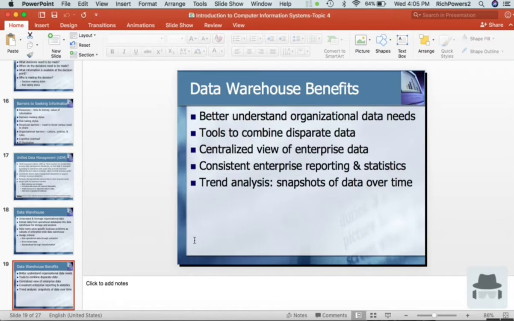Enterprise application systems are good at doing execution and operation, but not necessarily good for doing analytics. So you'd be able to go back and do trend analysis and snapshots of data and get a perspective on how different things are happening, maybe behind the scenes, as opposed to a relational, operational system which is focused on simply the execution.